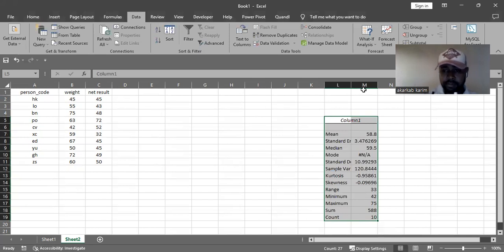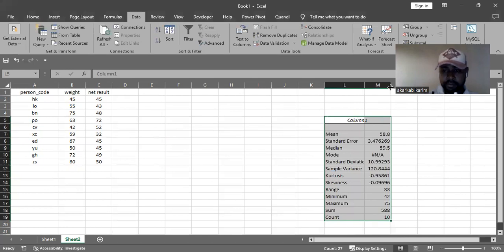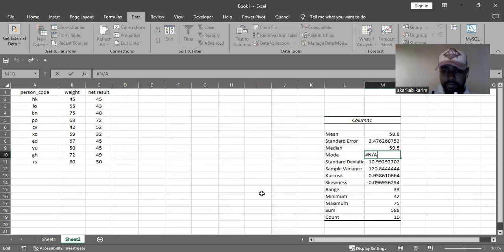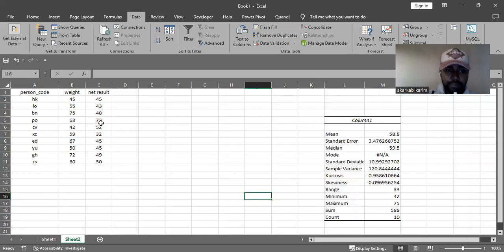We have the mean of this weights column, we have the standard error, we have the median, this is the mode value. Well, we have also the standard deviation, the sample variance, kurtosis, skewness, range, maximum, minimum, sum, count. We have all the descriptive statistics here.